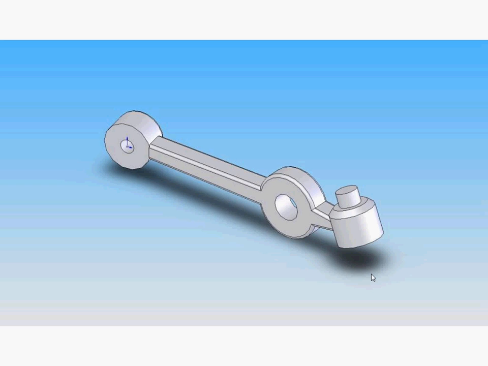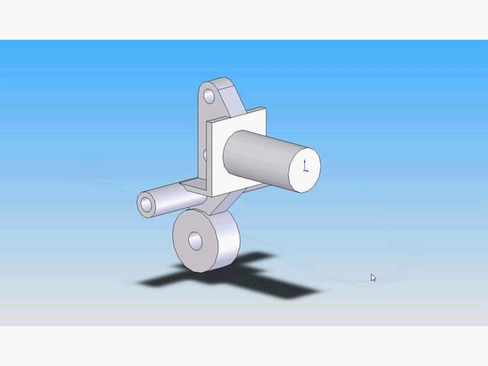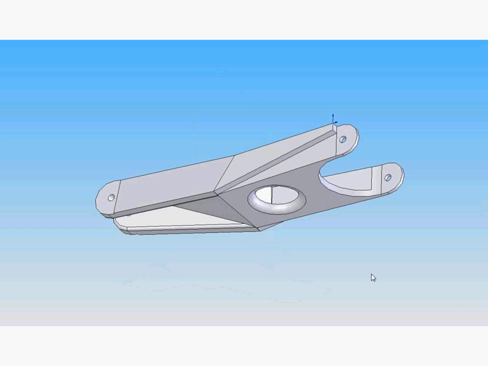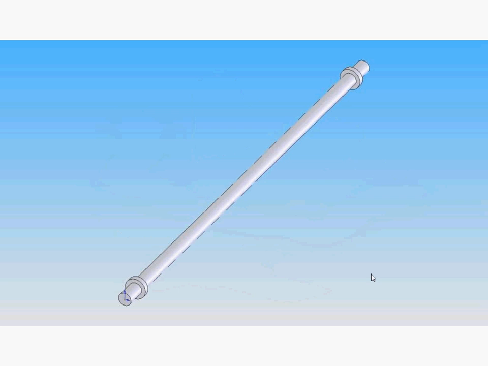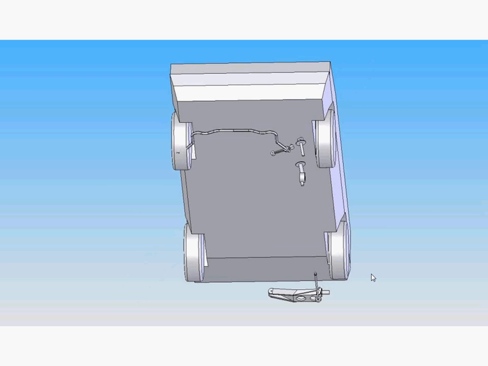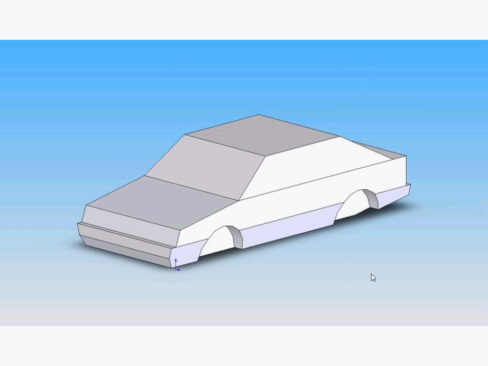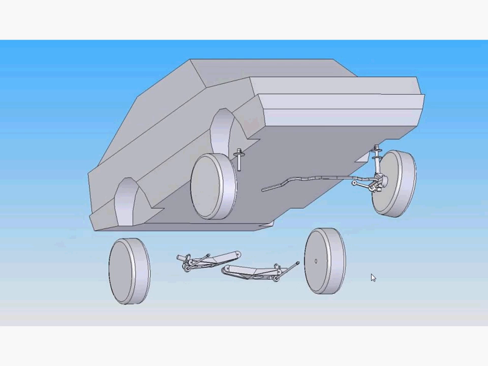Based on this, the parts started being developed the way we have done it in this class for the past several weeks. We put together all the different parts in SolidWorks, the control arm in this case, and the stabilizer bar, all these different parts, to assemble the suspension for both the front and the back.